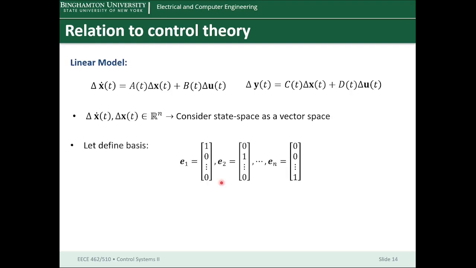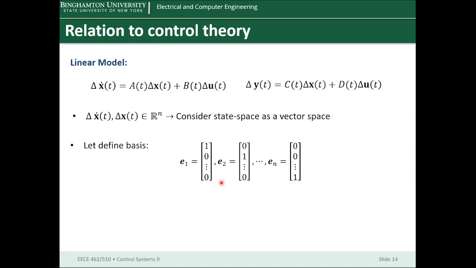Now, notice these operators are usually expressed with respect to the standard basis. Where does this basis come from? It comes from our physical understanding of the system. For example, in a mechanical system, the state might include position, velocity, and acceleration. In an electrical system, it might include voltage, current, and impedance.